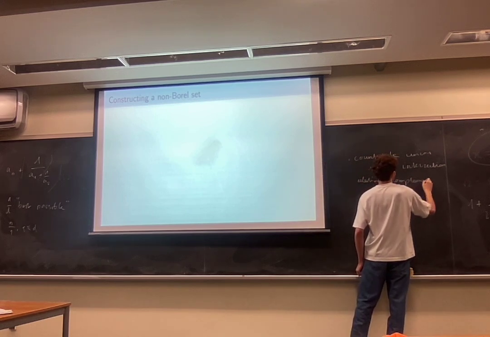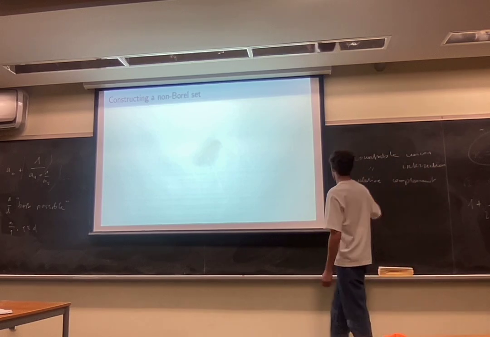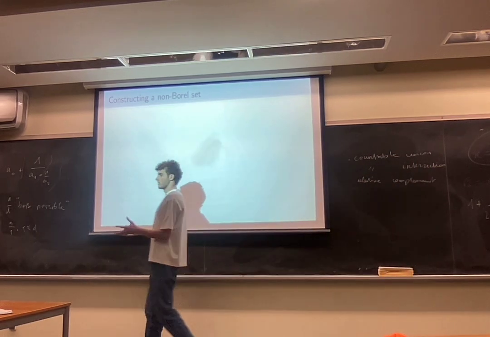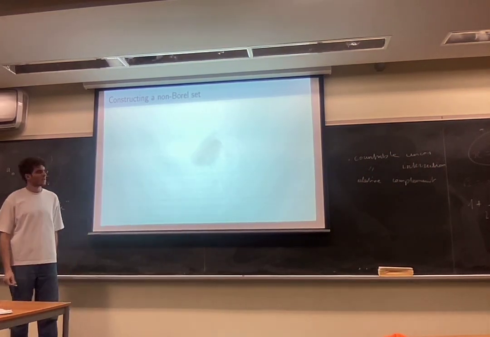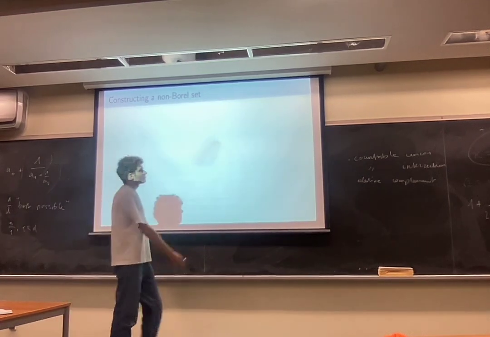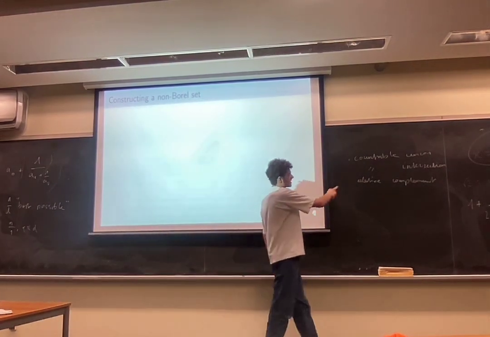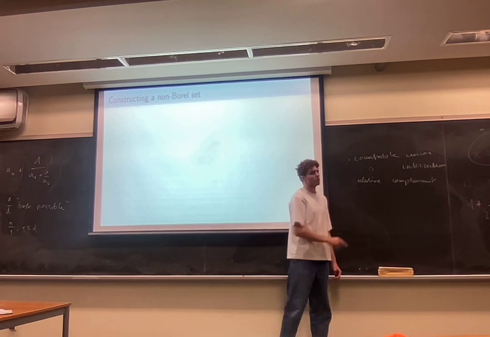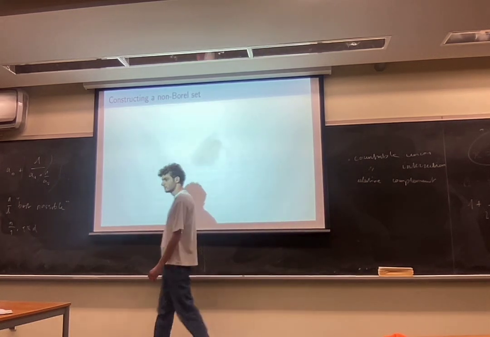If you take countable unions, countable intersections, and relative complements of open sets, the result is what you call a Borel set. Does countable union, countable intersection, relative complement remind any of you of something?